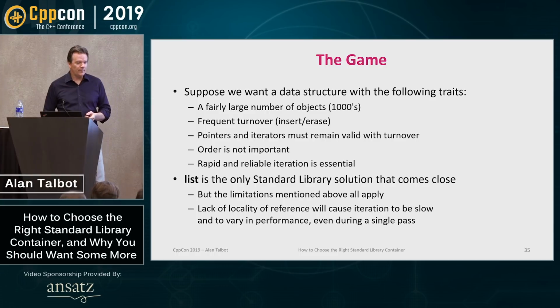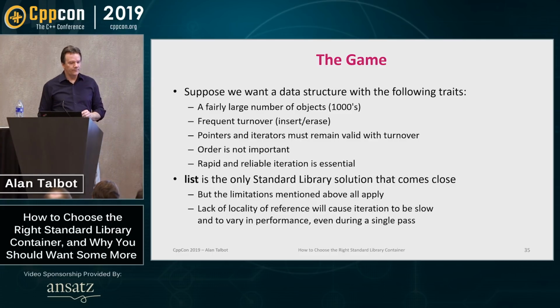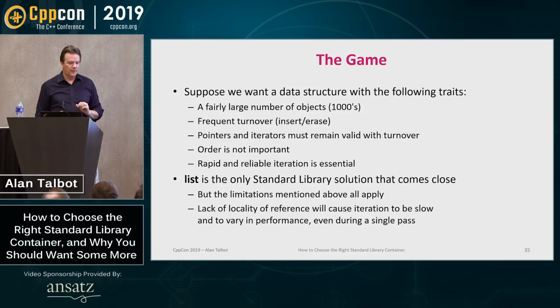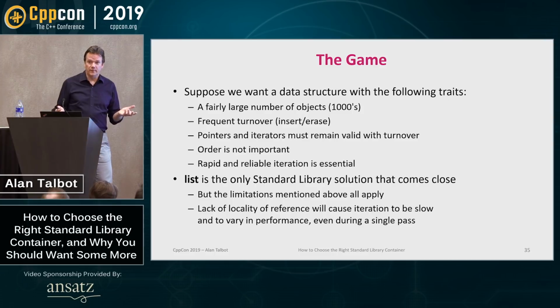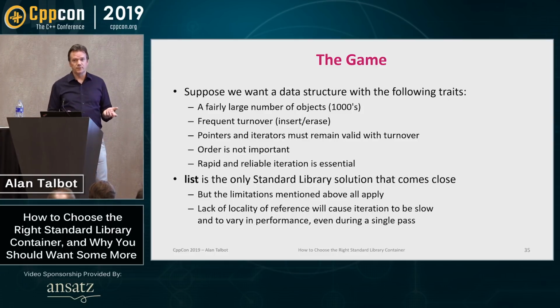the thing is that you've got pointers and iterators to this stuff all over the place. There's all these interconnections, so they can't be moving around on you, right? So deleting something or inserting something can't mess up your pointers. But order is typically not important. On the other hand, reliable iteration, fast iteration is important.